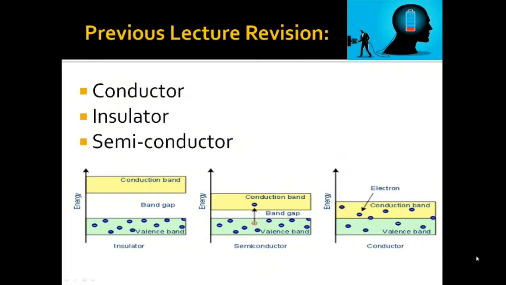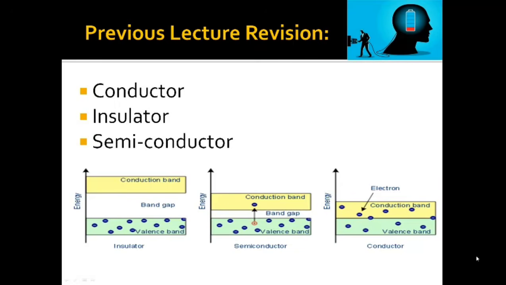If you look at the insulator, you will realize that there is a large energy band gap between the valence band and the conduction band. That energy band gap will not allow electrons from the valence band to move to the conduction band, so the system cannot conduct electricity.